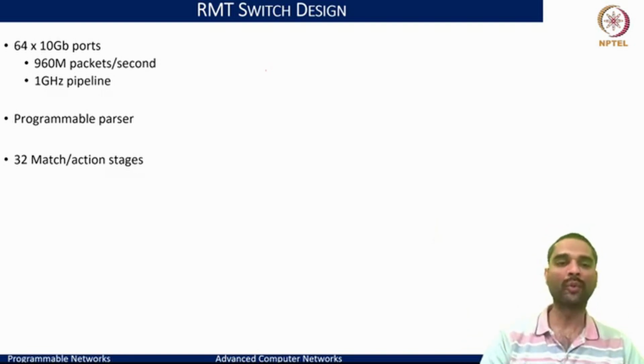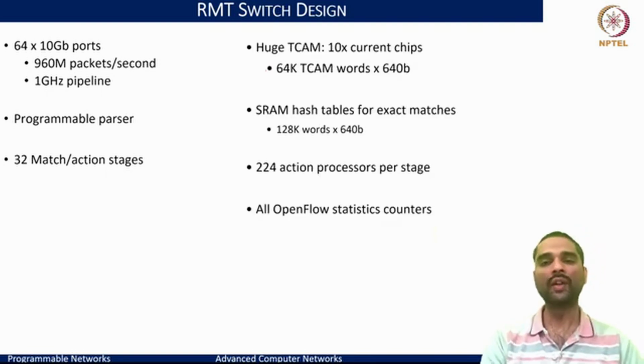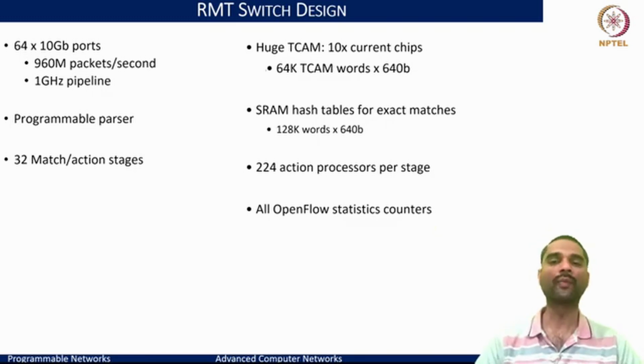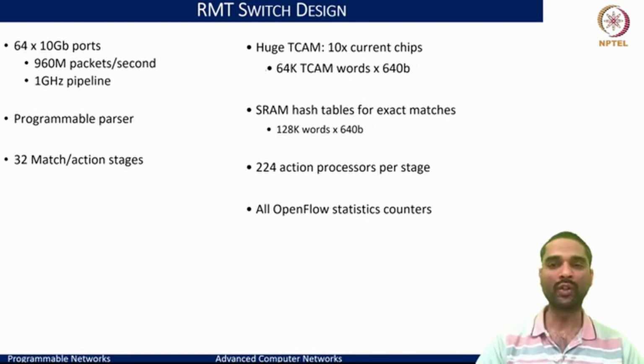And this programmable parser with 32 match action stages basically had the major cost coming in terms of a huge TCAM, which is 64K TCAM words of 640 bits each, which is almost 10 times what you typically see as 2K or 4K TCAM words accommodated in the custom ASICs.